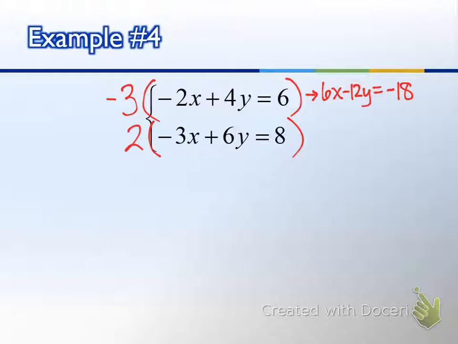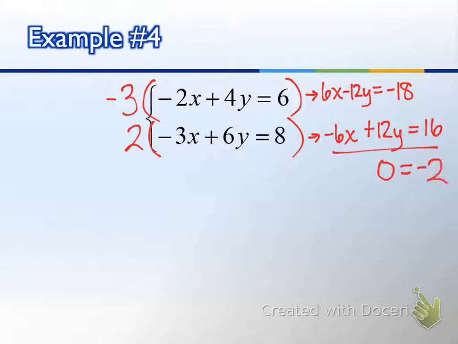Somebody new, tell me what I would get in my bottom equation. Someone I haven't heard from yet, Q. -6x plus 12y equals 16. Wonderful. What do we notice when we go to combine our equations? 0 equals -2.